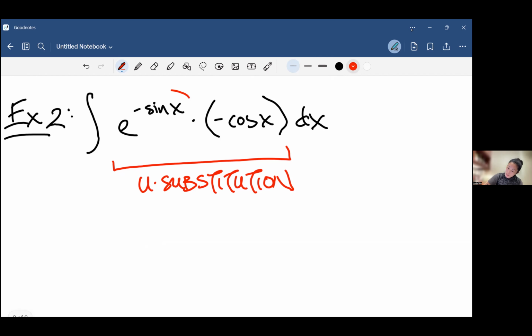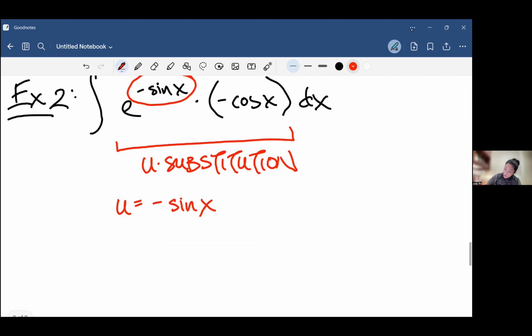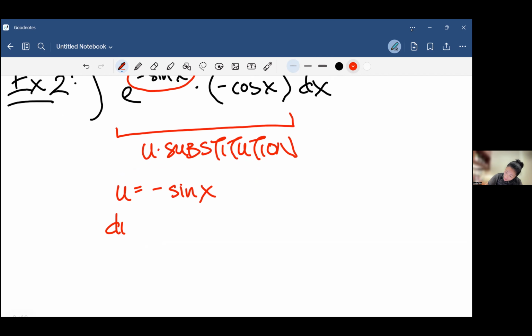And so let's take a look at this power over here. U equals negative sine x. It would be really nice if that was just a u up there because I know the integral of e to the u is e to the u. So let's try that as our u. And we take a derivative and we get, let's see, the derivative of sine is cosine. So the derivative of negative sine is negative cosine.